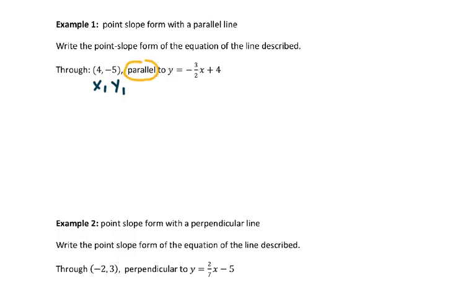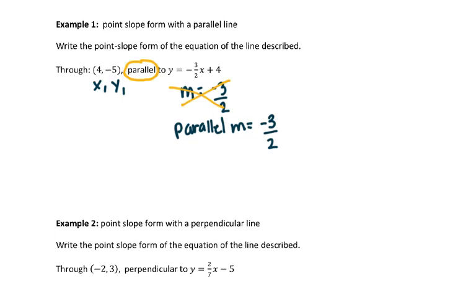It's parallel to this equation, y equals negative 3/2 x plus 4. So let's start here for a second. Currently, my slope is negative 3 over 2. But I want the parallel slope. So I'm going to write that the parallel slope is the same, which is negative 3 over 2. I'm going to cross off the slope that I wrote down, and I'm just going to use the parallel slope.